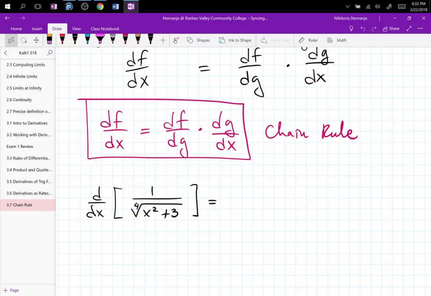We have one on top, so we don't need the quotient rule. If we had some kind of x upstairs, then yeah, we'd have to use the quotient rule. But in this case, we just use basic algebra to rewrite this into (x squared plus 3) to the negative 1/4.